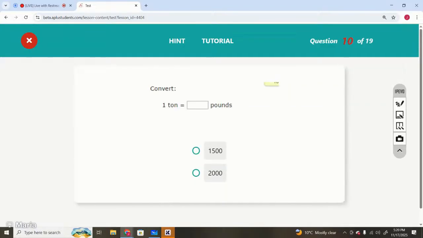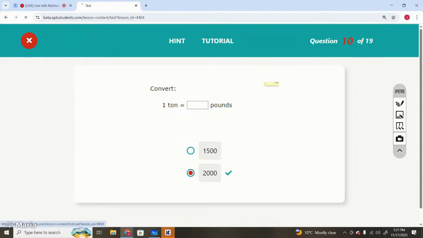Option number 1 is the correct option. 1 ton equal how many pounds? 1 ton equal 2,000 pounds.